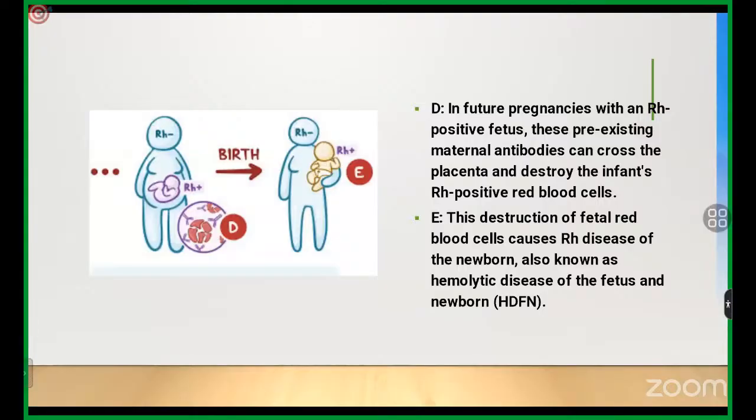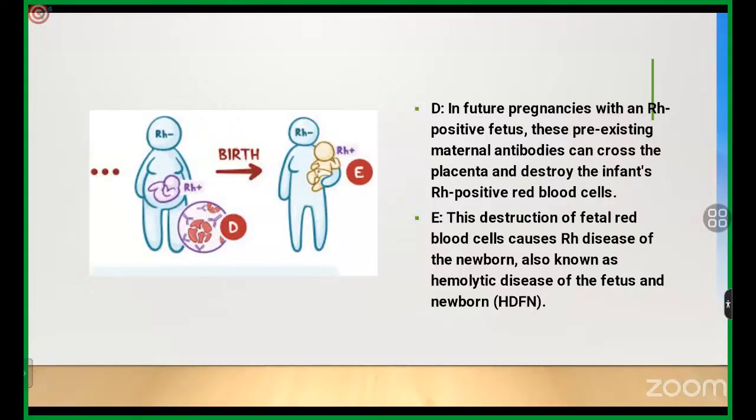So in second and subsequent pregnancies, the rhesus positive antibodies will cross the placenta and destroy the infant's Rh positive red blood cells because of previous sensitization. So that's why second pregnancies and also other subsequent pregnancies are at risk, especially when there is no intervention.